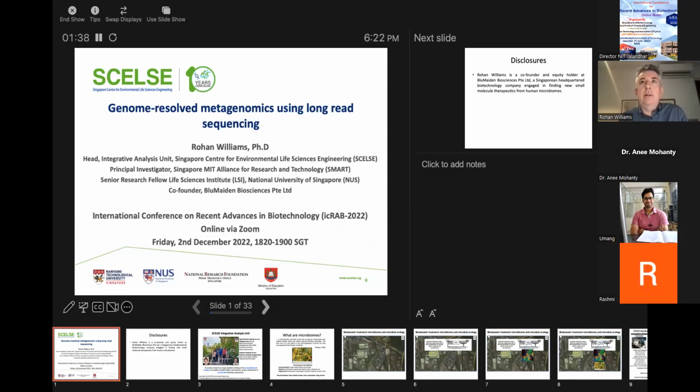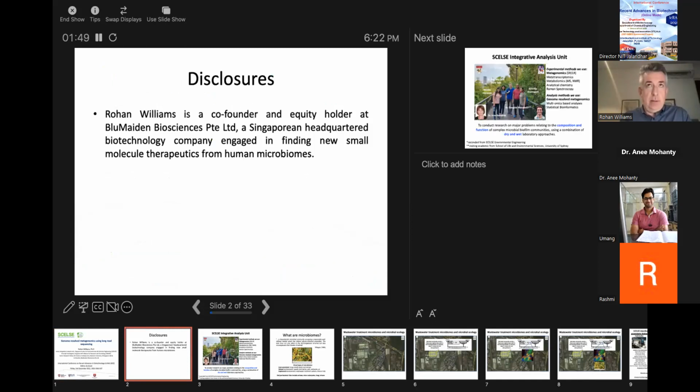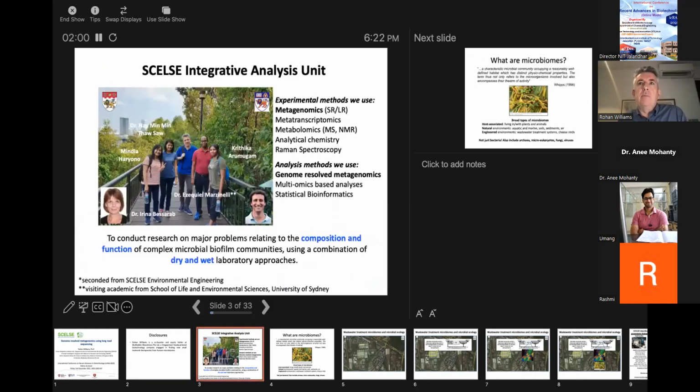In particular, I'm going to focus on the new long-read sequencing technologies that have emerged in the last 5 years. I just need to disclose that I'm a co-founder and equity holder at a Singaporean biotech company that is involved in this area.